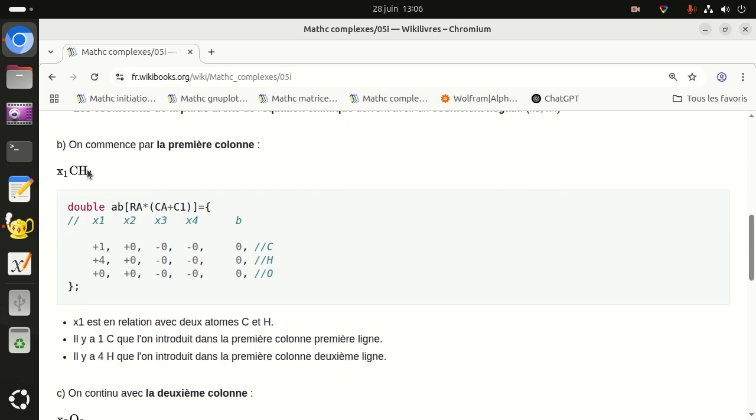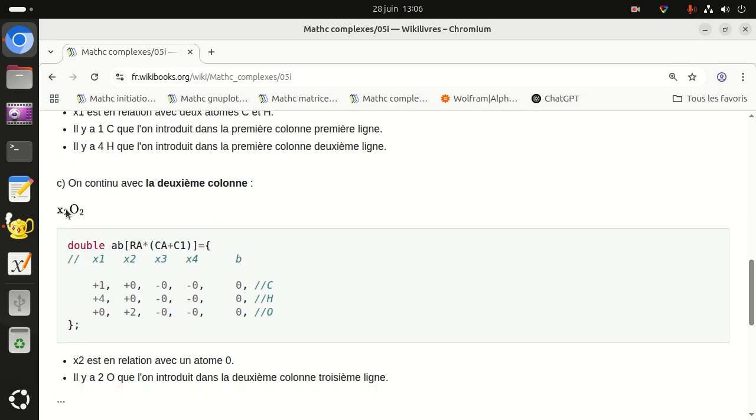This is the first element I put in the first column. I have one carbon, so I put one carbon. I have 4 hydrogen, I put 4 hydrogen. This is for the first element. Now for the second element, I write in the second column.